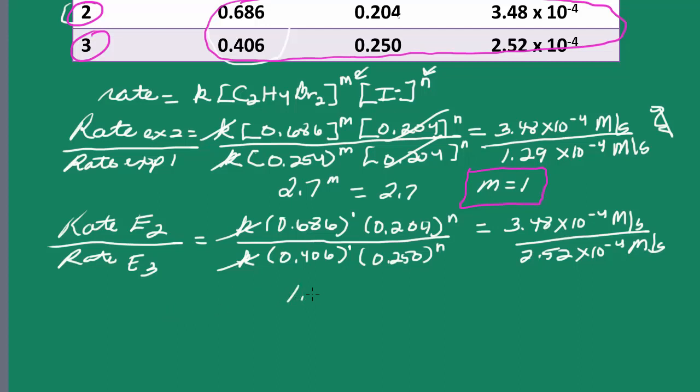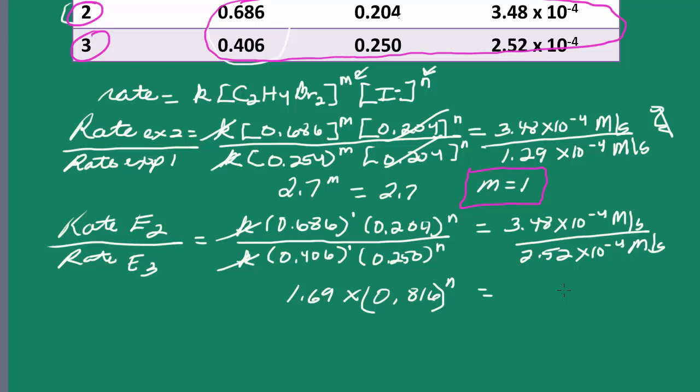Then we divide 0.204 by 0.25, and we get 0.816 to the n power. Let me put that in parentheses. And then when I divide the rates, I get 3.48 to the negative 4. Whoops, my calculator. Actually, it's the person using the calculator.